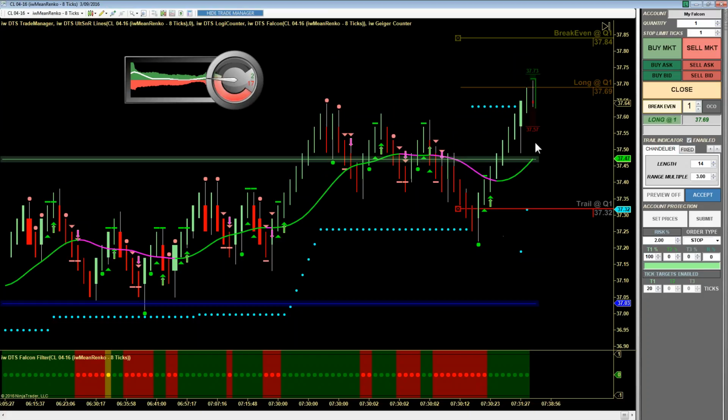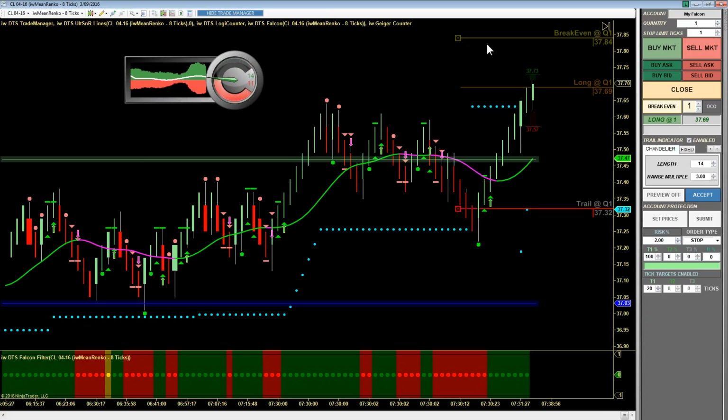Okay, so you can see our trade got engaged. The market's a little less violent now. It didn't hit our profit target and stop us out right away, but now we've got our stop enabled according to our chandelier strategy, which is the one that I have set up.